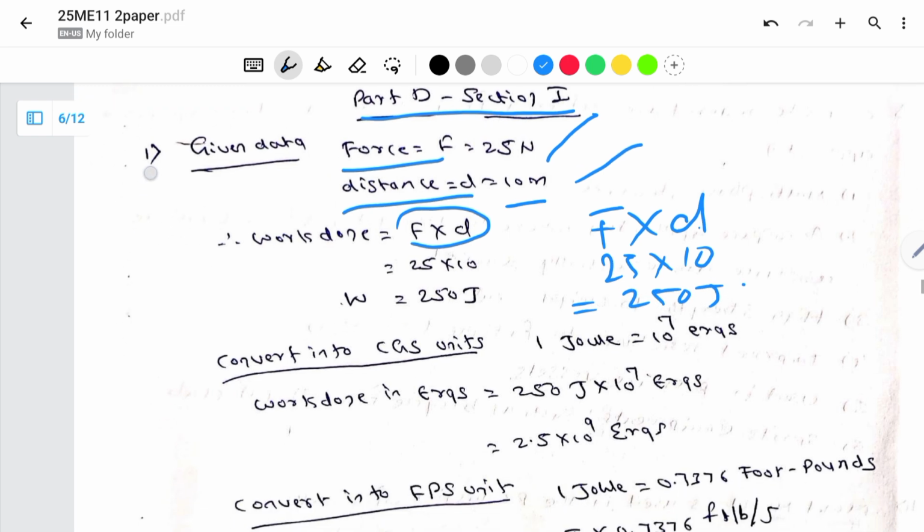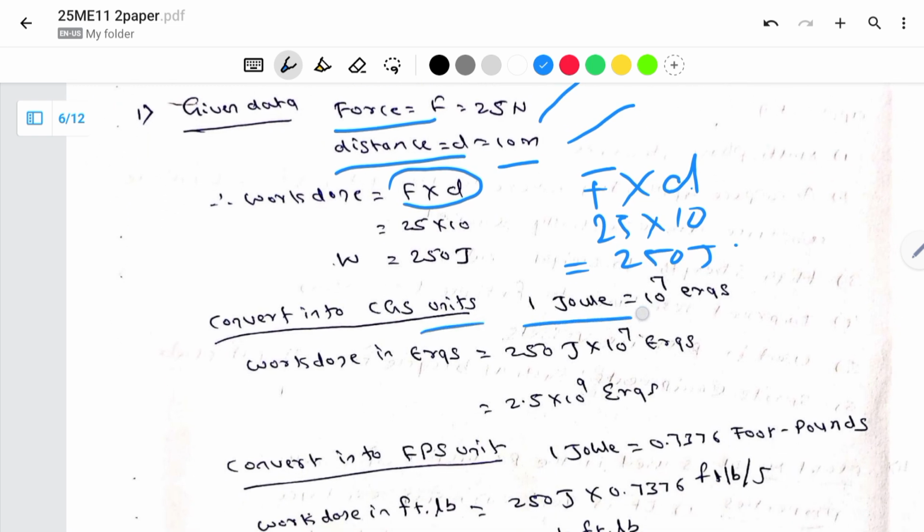Okay. Then conversion. So 1 joule is equal to 10 raised to 7 ergs. Then 250 into 10 raised to 7 ergs. You can write it like that, or else when you multiply, the decimal point will shift, so it will be 10 raised to 9.